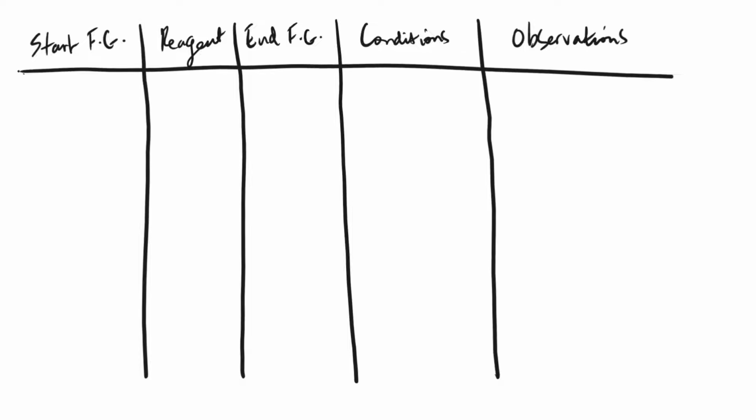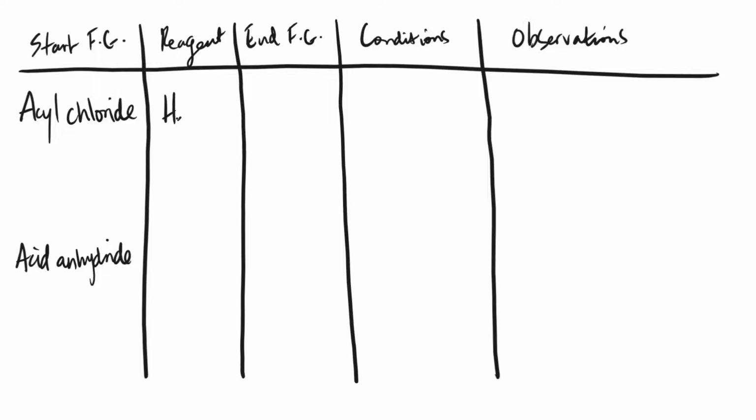So let's start with our water reagent. So acyl chloride, and acid anhydride. What is our reagent going to be here? We've already said it's going to be water. Okay, so let's put H2O in both of these boxes. Next up, what is our end functional group going to be?